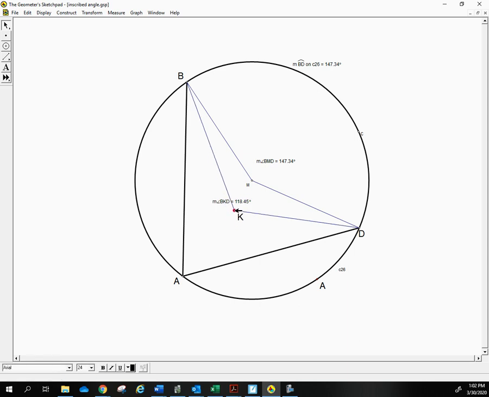If I move this closer and closer to the center, if I put it right on the center, I could get it to be exactly 147 degrees. But as I move it further and further away, closer to the circumference, the smaller this angle is going to be.